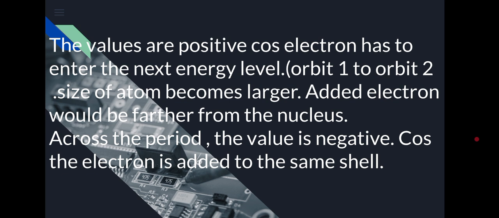The values are positive because the electron has to enter the next energy level. We know, students, group 18 is stable because they have an octet configuration. Now when an electron is getting added to the atom, the electron is entering the next energy level. When the electron enters the next energy level, it is quite far away from the nucleus, so as a result energy is absorbed to put that electron in its orbit.